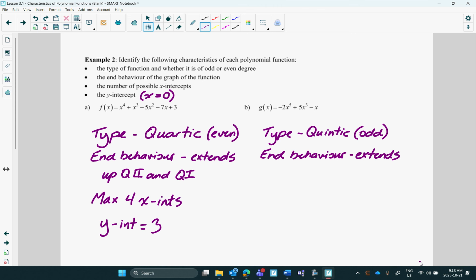It's flipped. Remember, odd ones always go like this on the ends. So now they're going to go like this. So it extends up in quadrant 2, down in quadrant 4.